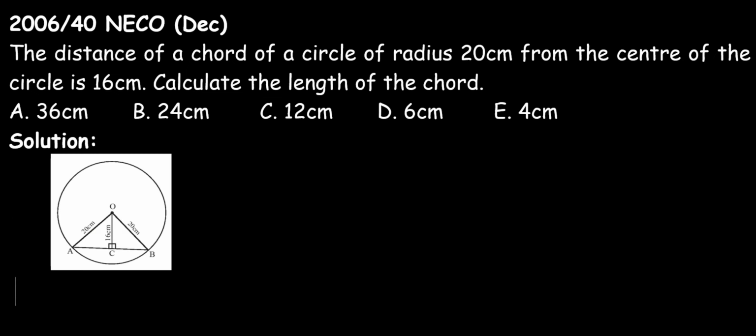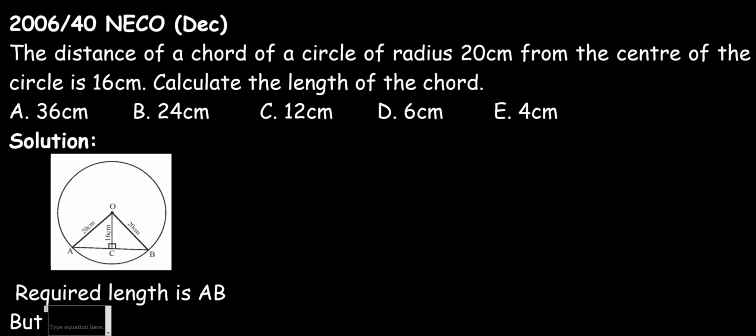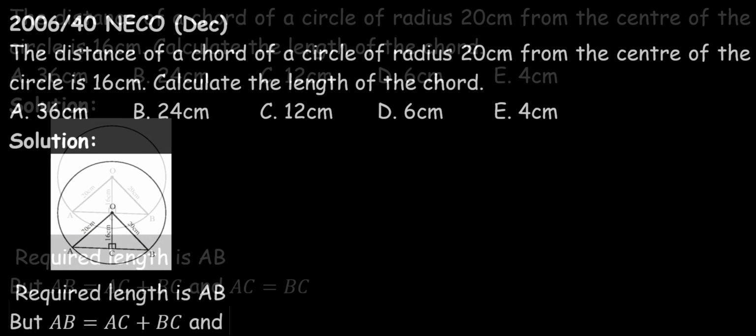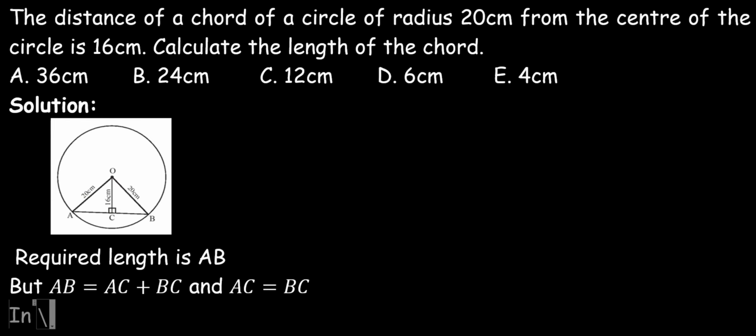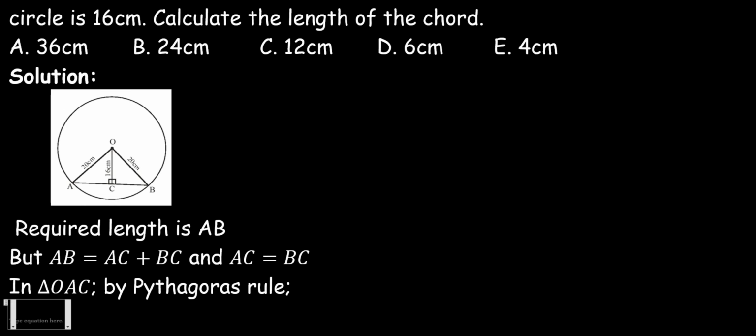From the diagram, our required length is AB, but AB is equal to AC plus BC, and AC is equal to BC. In the right angle triangle OAC, by Pythagoras rule, 20 squared is equal to 16 squared plus AC squared.